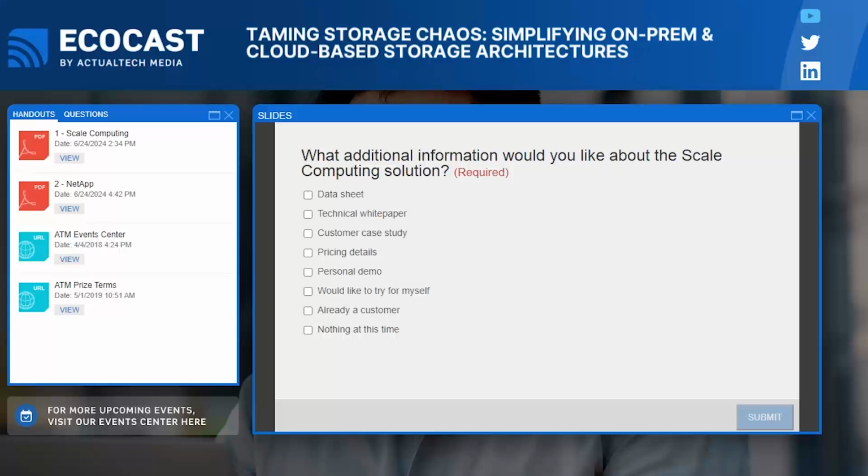He's asking, do you need to convert your VM format to AWS for export or import? As far as format conversion, there is some format conversion that happens under the hood, but as far as getting VM data onto the Scale Computing platform, for example, you have a number of avenues to do that. We have, of course, an interface where you can pull in from a network share. You can also do a direct upload, what we call virtual media import, where you can just click and drag and throw it into the interface.